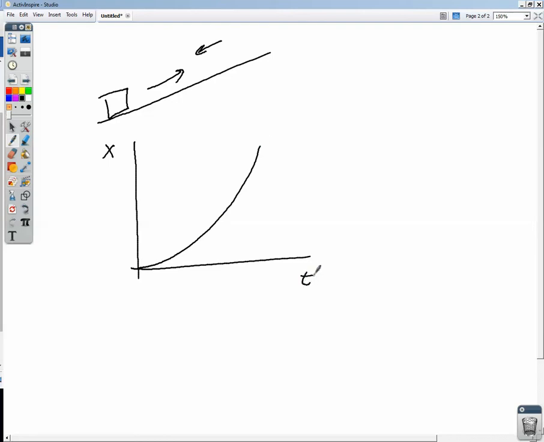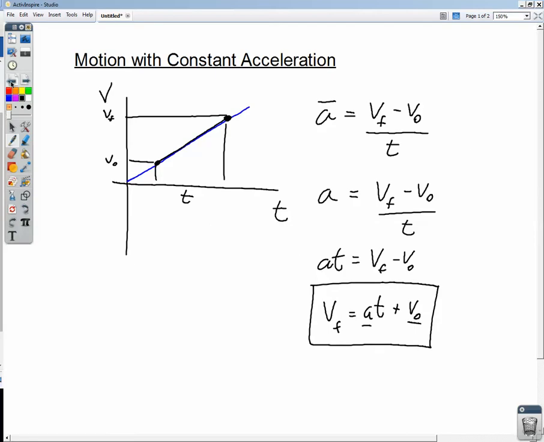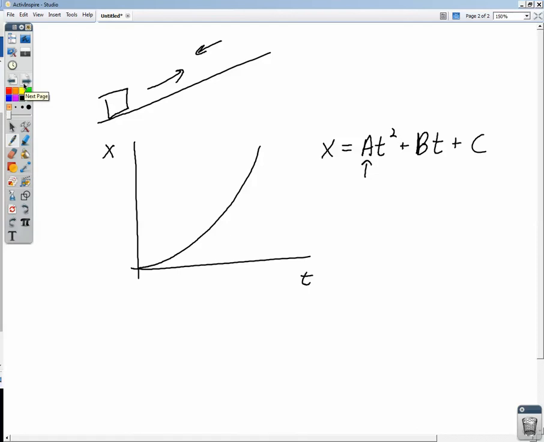So our position was modeled by the function A t squared plus b t plus c. In our laboratory investigation, we found that this coefficient A corresponded to exactly half of the linear coefficient from the velocity graph, half of the acceleration, the slope.